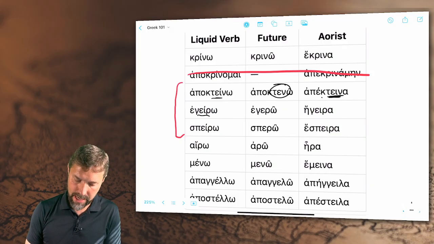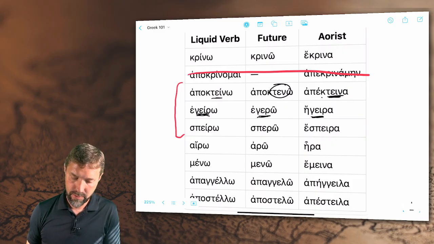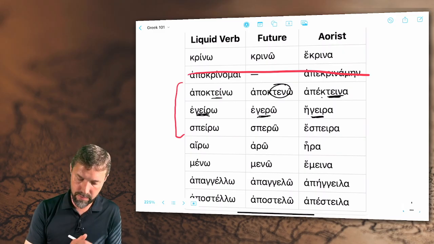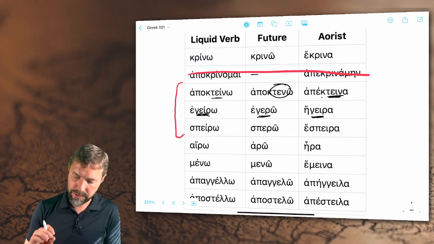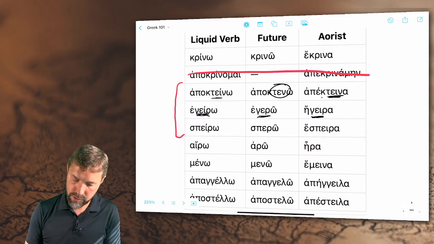Okay, agero, epsilon iota, goes to agero. It's maintained over here. I still get the iota in the aorist. On the vocabulary form, the epsilon iota is preserved in the aorist, but it's dropped in the future. Spero, dropped in the future.